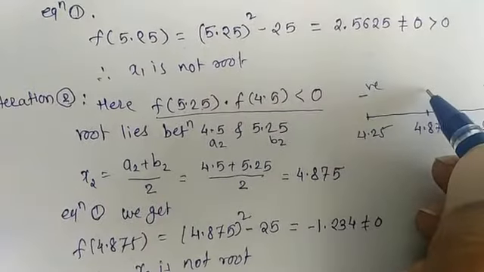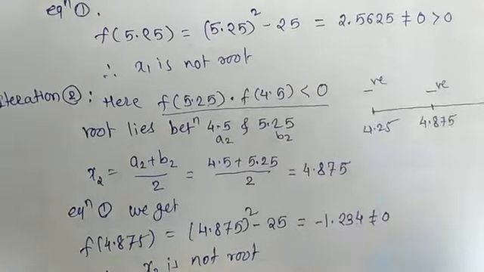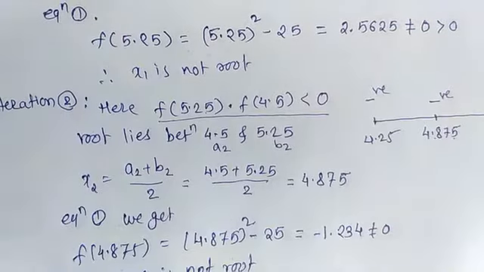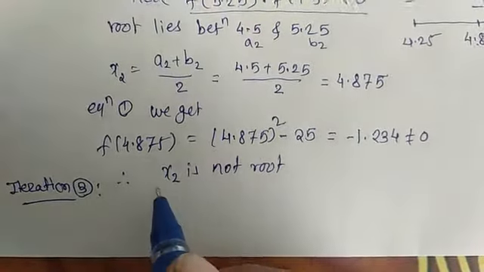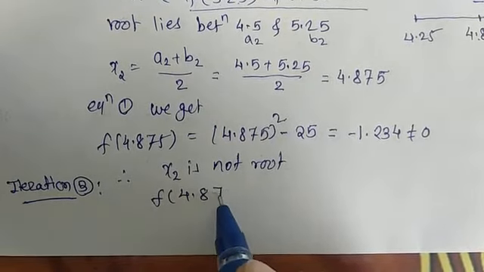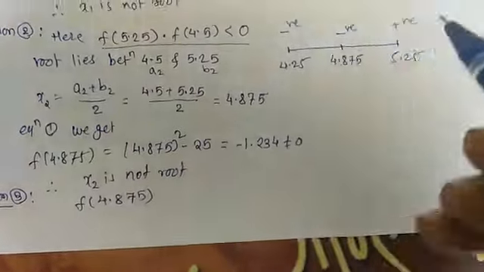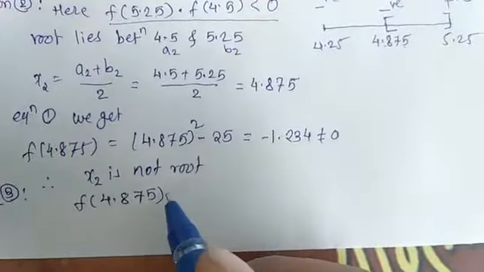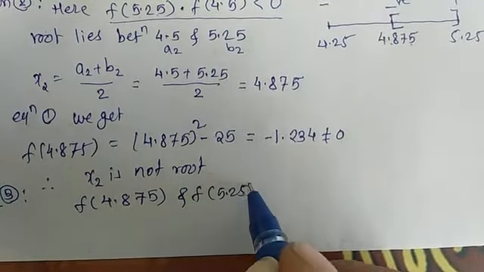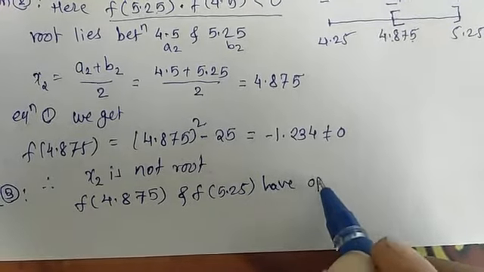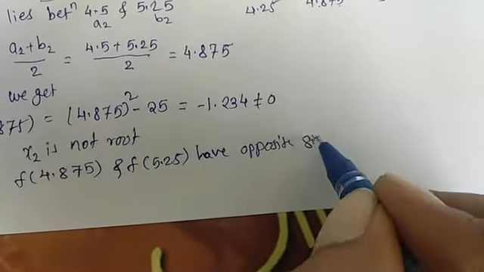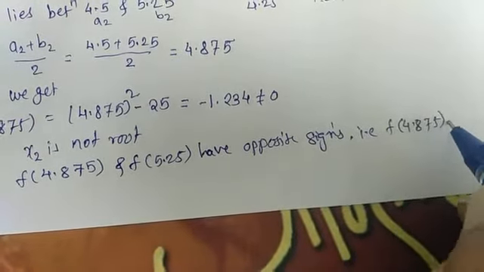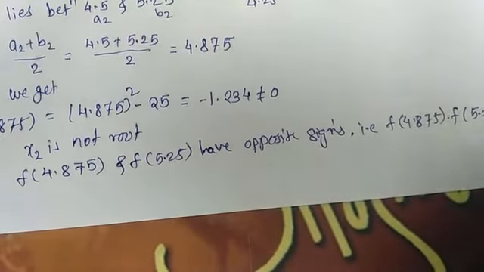Here it is negative. So the next root will be between 4.875 and 5.25. For iteration 3, f of 4.875 and f of 5.25 have opposite signs, that is, f of 4.875 into f of 5.25 is less than 0.